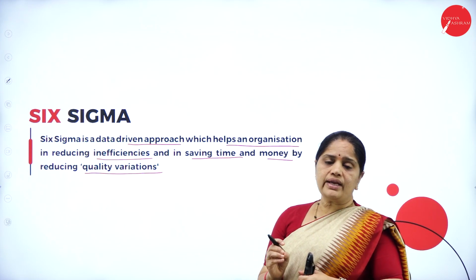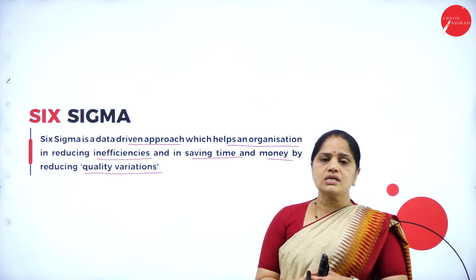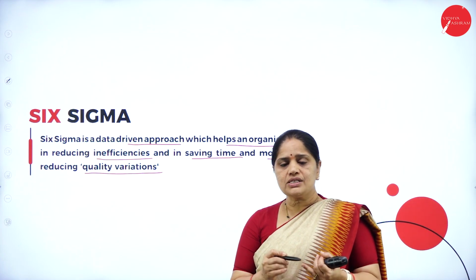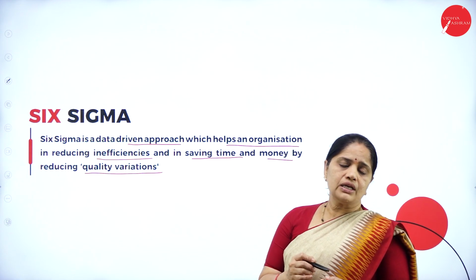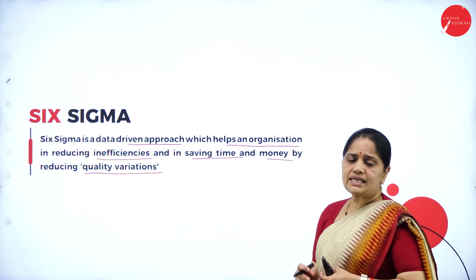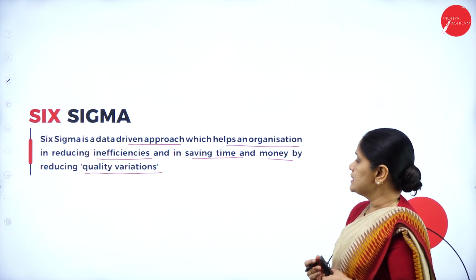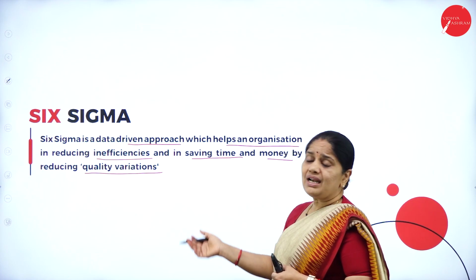So we have to ensure that there is efficient utilization of all the resources involved in the organization, whether it is the human resource, financial resource, time, materials, human labor, everything has to be made to the maximum use, that is optimum utilization of all the resources, and in saving time and money by reducing quality variations.